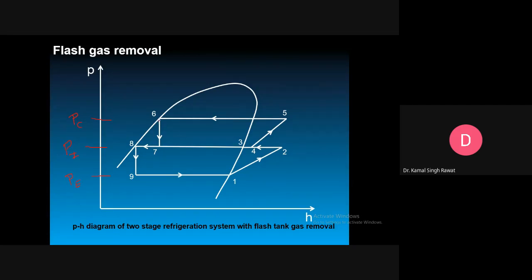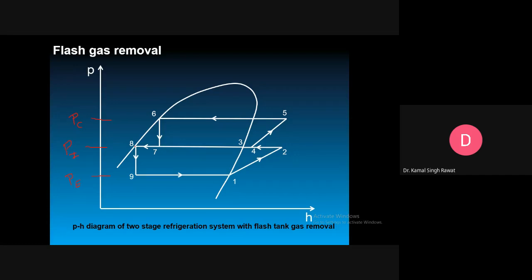So 6 to 7 is an isenthalpic expansion, and at this point the pressure is Pi. At this point we have liquid plus vapor, and we separate the liquid and vapor. The liquid is separated, so it reaches point 8. It means at point 8 we have saturated liquid only.